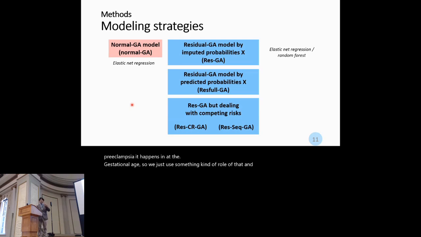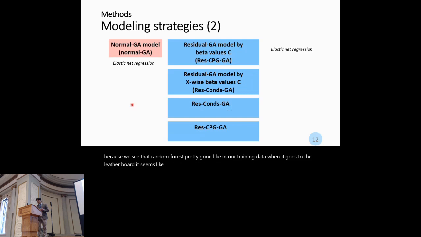We only use two algorithms, elastic regression and random forest. But at this next step, we only use elastic regression, because we see that random forest looked pretty good in our training data, but on the leaderboard it seems to be the other way around. So this is the method that we developed after we evaluated the result on the leaderboard for the first step.